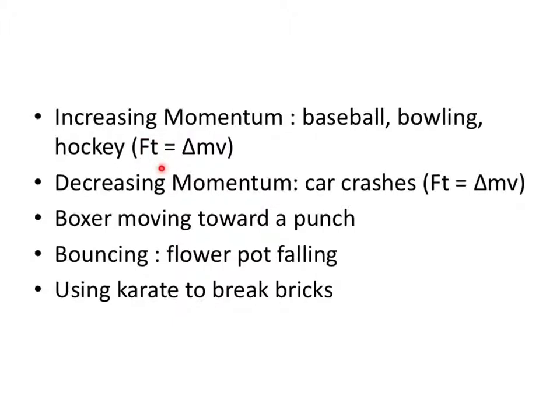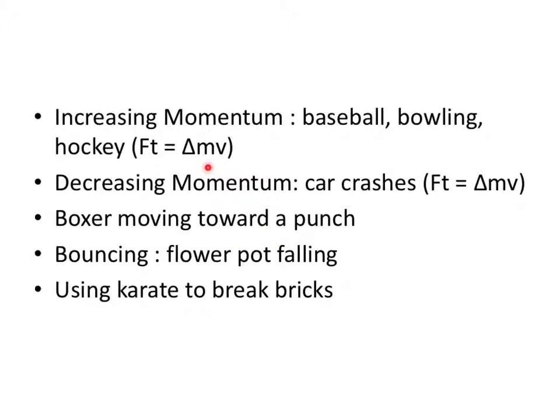Now, when I was first learning how to swing a baseball bat, my father always used to tell me to follow through. And when you follow through, you are making sure that the contact time between the bat and the ball is as great as possible. That t factor there is as big as possible. And in doing that, you're going to apply the biggest change in momentum to the baseball.